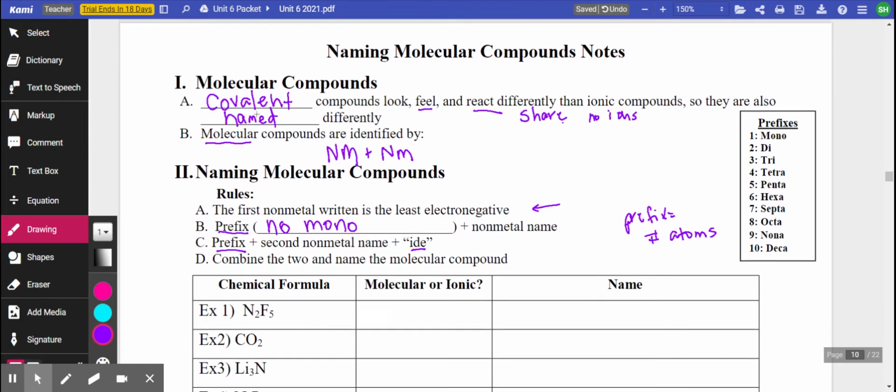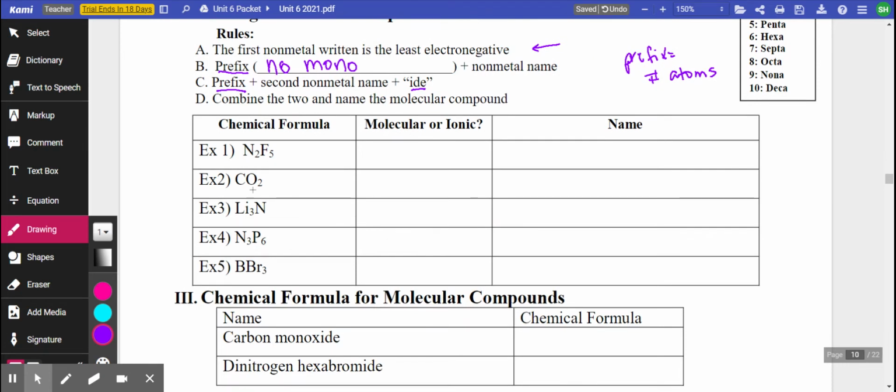So let's look at some examples down here on page 10. So our first chemical formula is N2F5. Nitrogen and fluorine are both nonmetals, which tells me I'm using covalent, also known as molecular, naming and formula writing rules. In this case, we have nitrogen as our first element, and there are two of them. So the prefix for two is di. So I'm going to write dinitrogen.